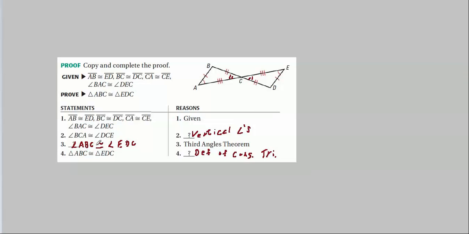We've shown that we already know, it's given that all the sides are congruent and one of the angles is congruent. We were able to show that these two angles also are congruent, and that means that the third angles left over, those are congruent also.